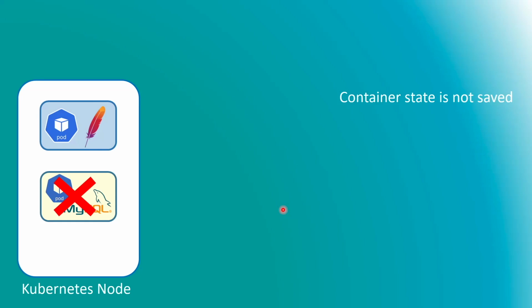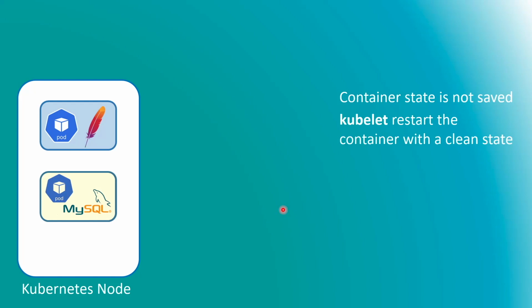On-disk files in a container are ephemeral, so the problem will occur when a container crashes or is stopped. The container state will not be saved. All the data that was created during the lifetime of the container will be lost. During a crash, Kubernetes will restart the container with a clean state. And that is a problem, right?